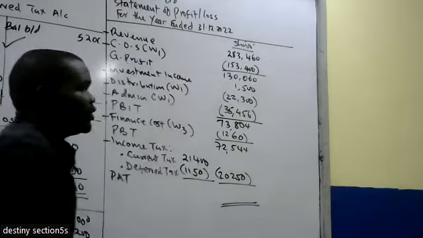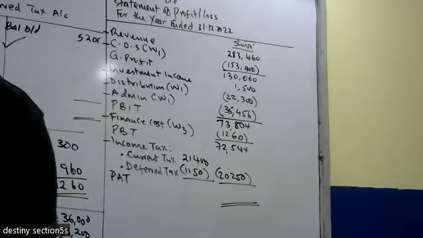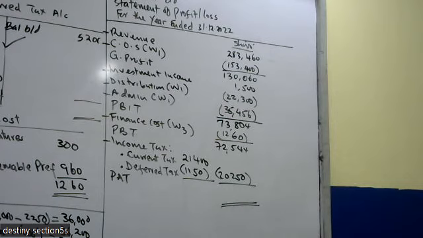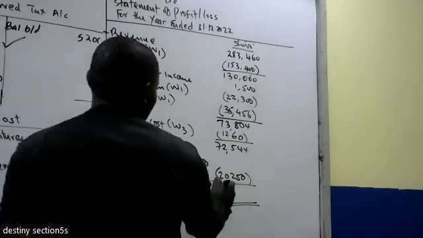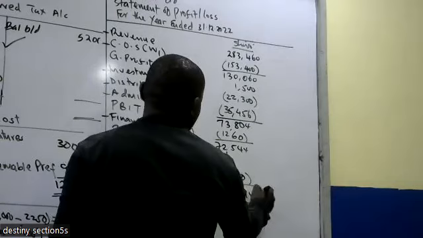Profit after tax will be how much? How much is the PAT? 52,294.